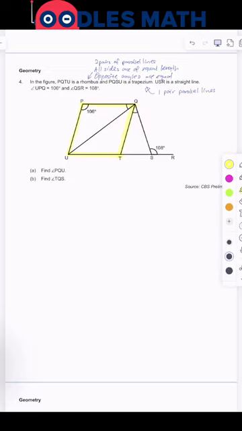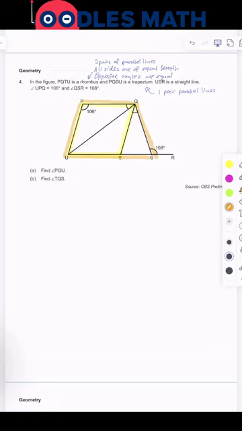The trapezium is the one that I've highlighted in orange. So the one highlighted in yellow is the rhombus as indicated in the question, and the one in orange is the trapezium that is mentioned in the question as well.